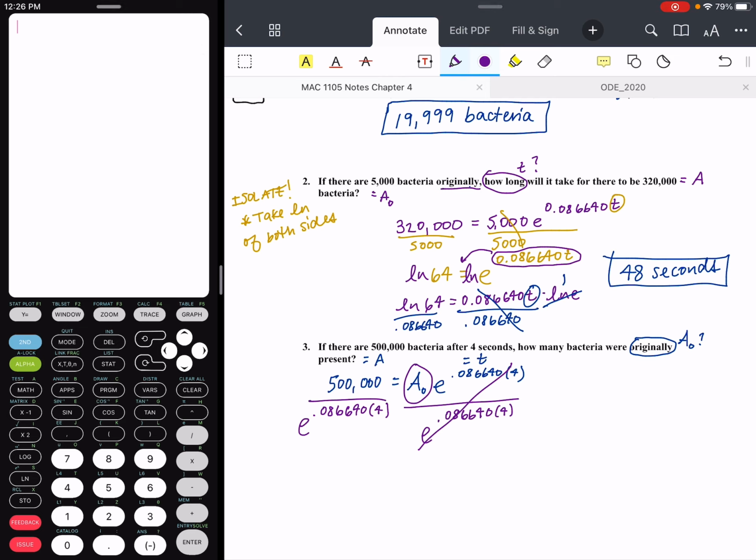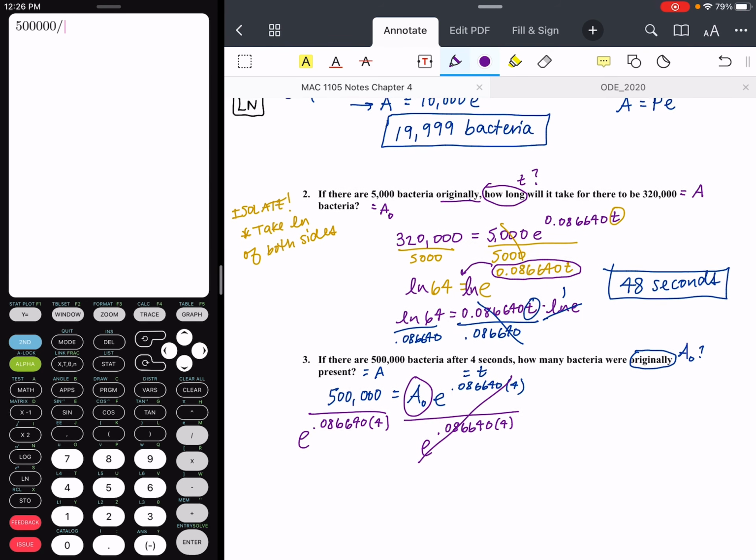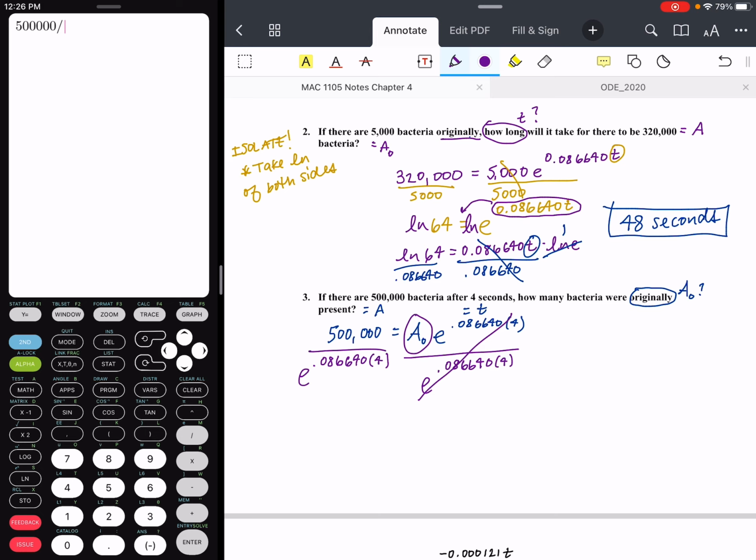So let's type this very carefully into our calculator. 500,000 divided by, and then remember I'm going to use second and then the ln key to access e. Second and then ln, there's my e. And then all up in the exponent, use parentheses if you need to keep everything in the exponent, 0.086640 times 4.